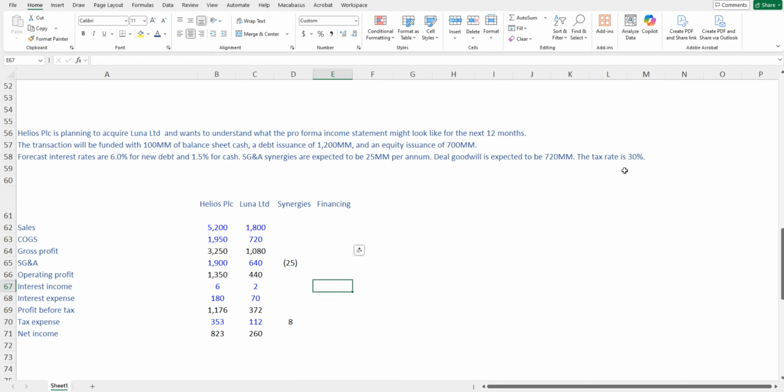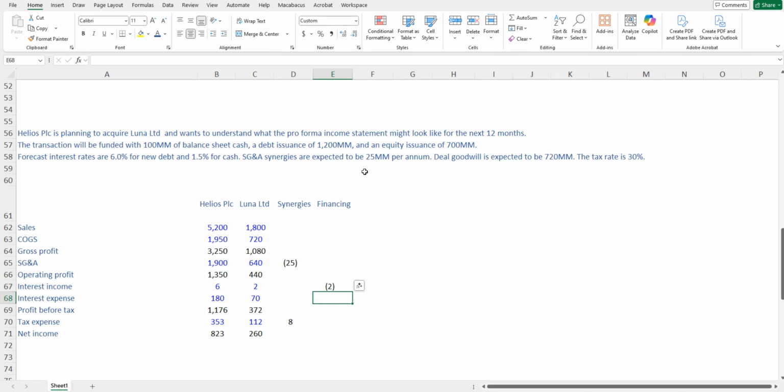Anyway, here's the financing. The company is using 100 million of balance sheet cash, so that should be 100 times the forecast interest rate of 1.5% for cash. I want to make it negative because now the interest income is lower.